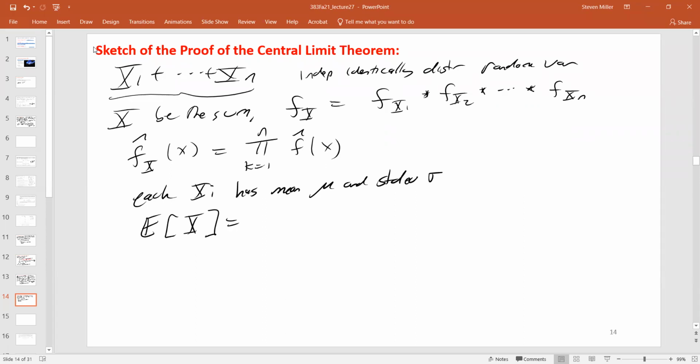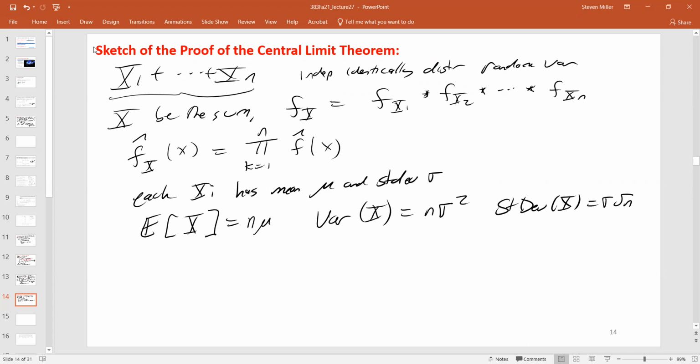The expected value of the sum is the sum of the expected values. If each one of them is mu and I have n of them, what should the mean be? It should be n mu. And then the variance of a sum is the sum of the variances. It should be n sigma squared. So the standard deviation of x should be sigma square root of n.